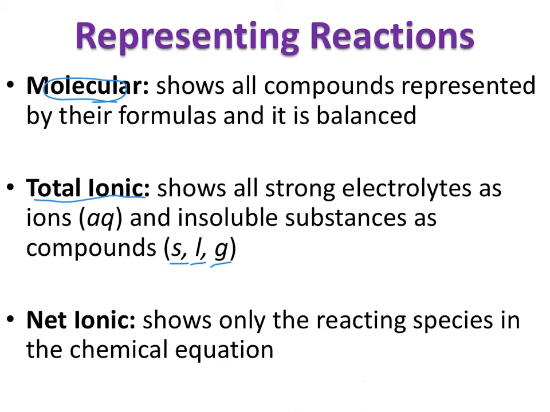Thus, these compounds are left in their molecular form. The net ionic equation shows only the reacting chemical species by eliminating common ions from both the reactant and product sides of the reaction.